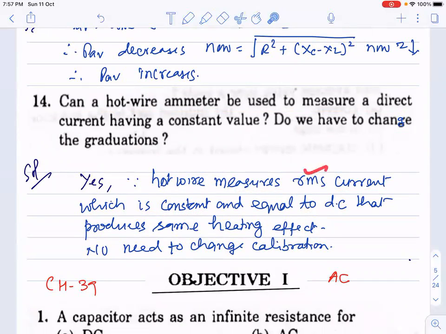RMS current is equivalent to DC as far as the heating effect is concerned. That produces the same heating effect. RMS will be equal to DC. So we don't have to change the calibration, because RMS is defined on the basis of DC only, in terms of heat produced in the same resistance in the same time interval.